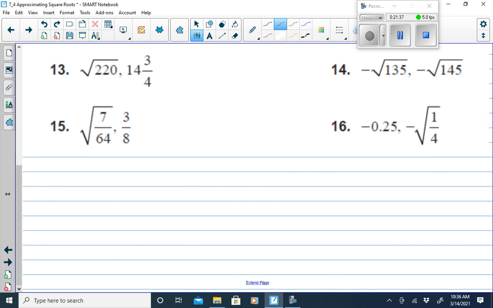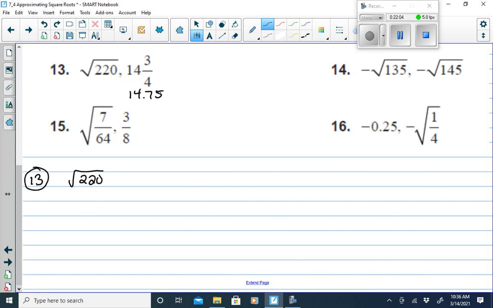So we have some examples to do down here. Right, so let's do a few. The square root of 220 and 14 3/4. Well, the square root of 220, we'd have to do that down here, so I'll squeeze problem 13 down here. We have to find the square root of 220 because we know 14 3/4 is 14.75, because we know the fraction 3/4 is 0.75.